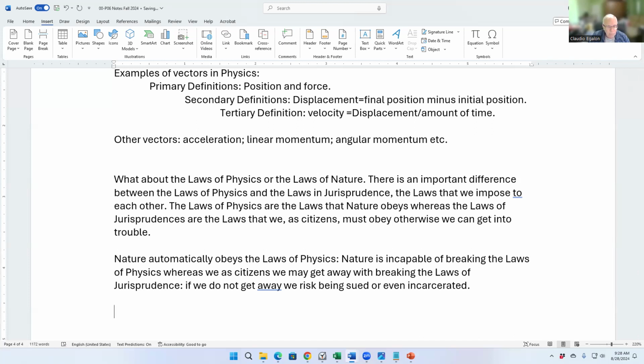So the laws of physics is a statement, either mathematical or spelled out in words.